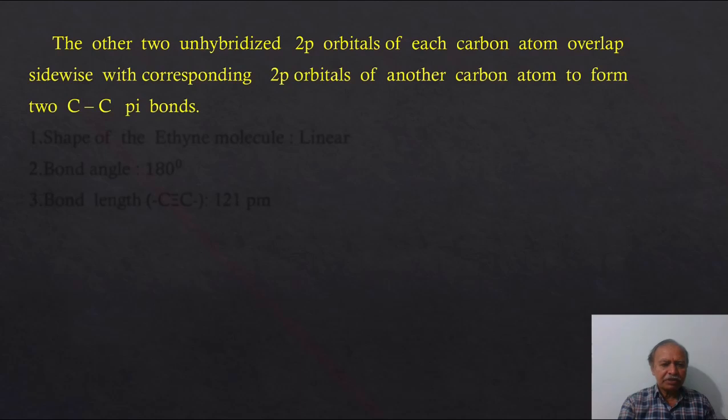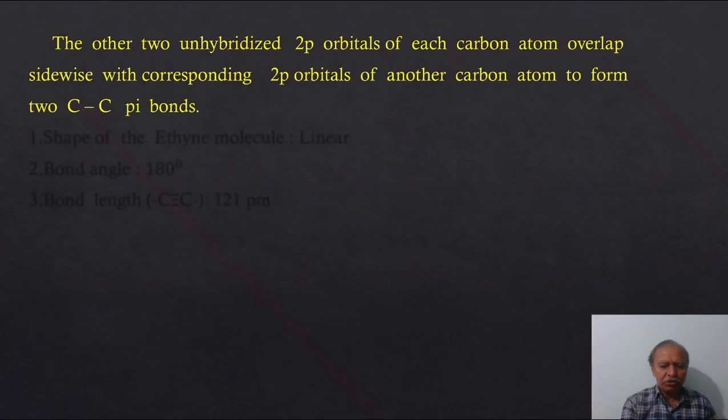Now after the formation of the carbon to carbon sigma bond, each carbon atom has two unhybridized 2p orbitals. These two unhybridized 2p orbitals overlap sidewise and symmetrically to form the two carbon to carbon pi bonds.